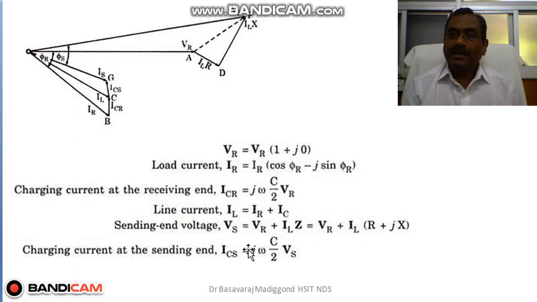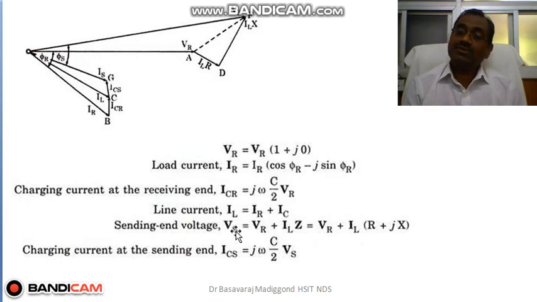And calculate the line losses, I square R. Here I means line current, so IL square into R is the line loss.